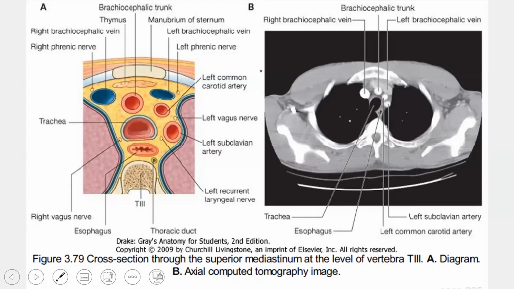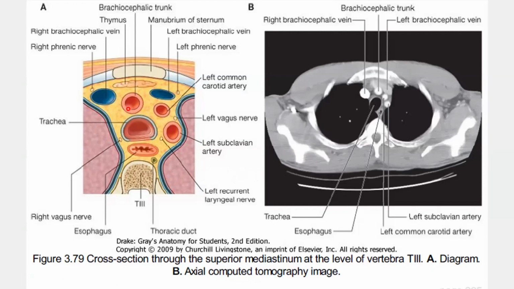So this is a cross section at the T3 level, that is above the demarcation of the superior mediastinum. So it's in the superior mediastinum. You can see the division. The superior vena cava has divided into the left brachiocephalic and the right brachiocephalic veins, and the three main branches of the aorta.